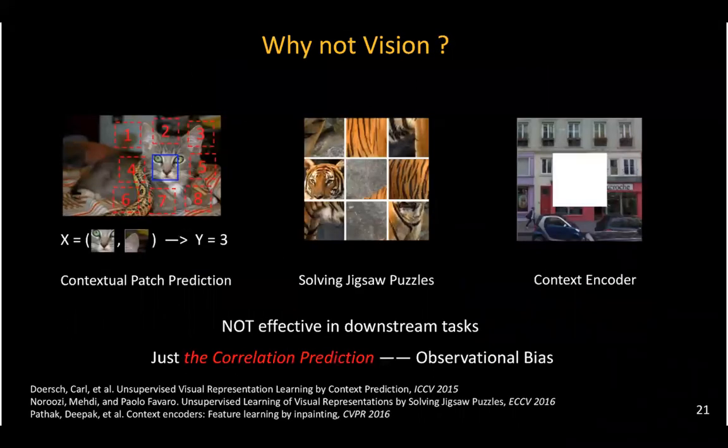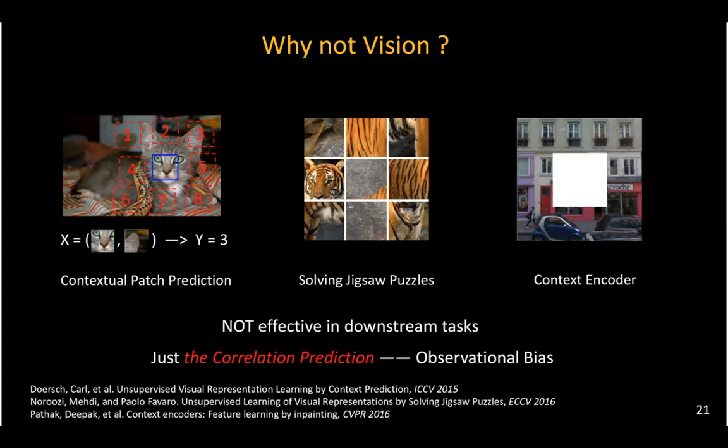But why is it hard in computer vision? This context prediction problem has been explored by some researchers, but the performance is not that good.